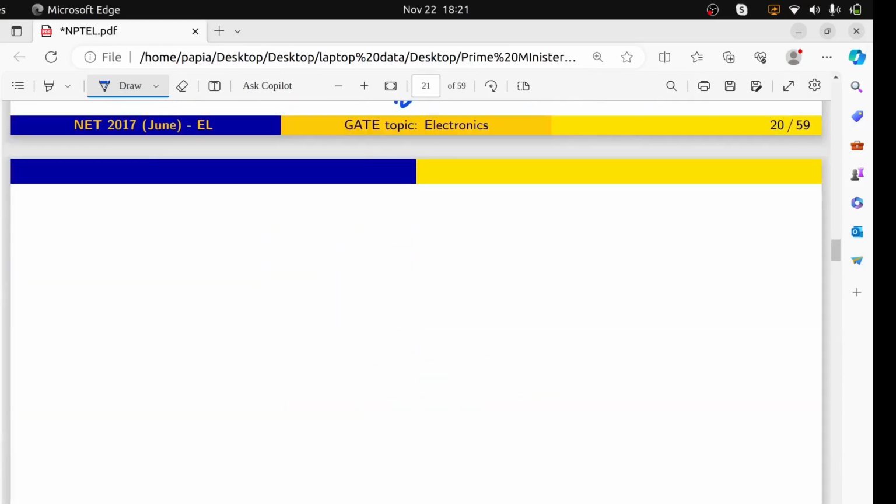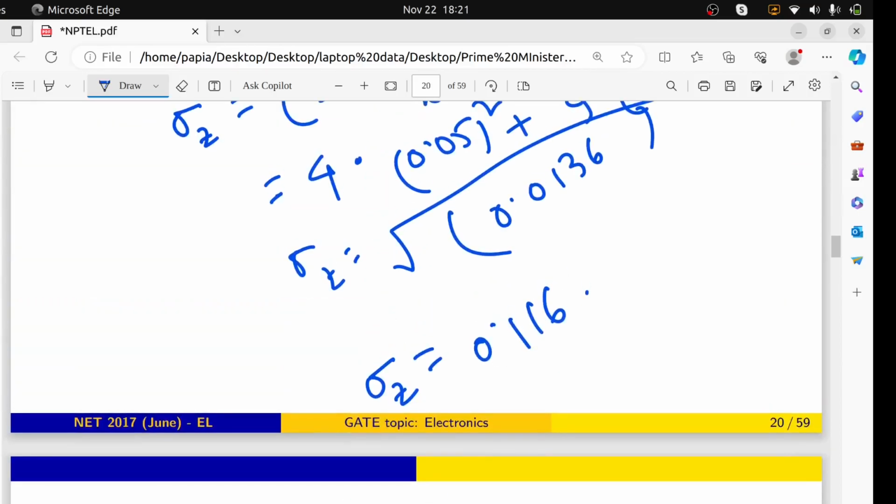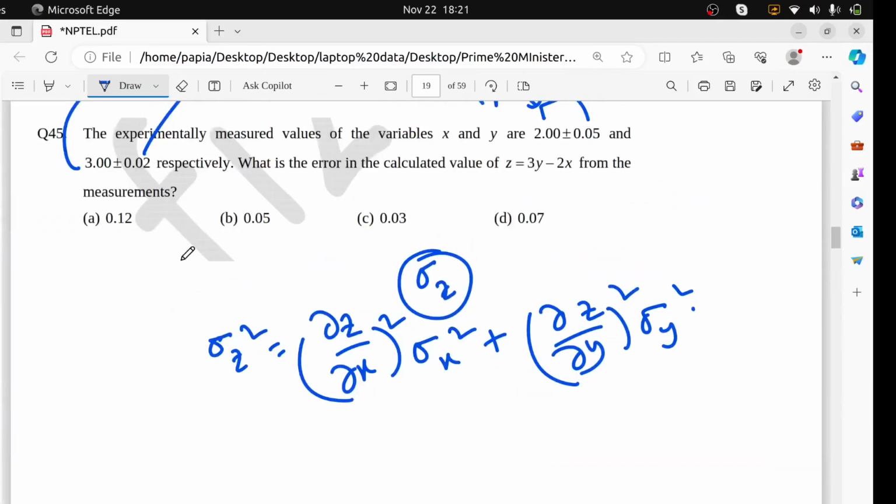So sigma z is nearly 0.12. You can see that 0.116 means 0.12. And if I look at the options, 0.12 is given here. So the answer will be 0.12. Okay.